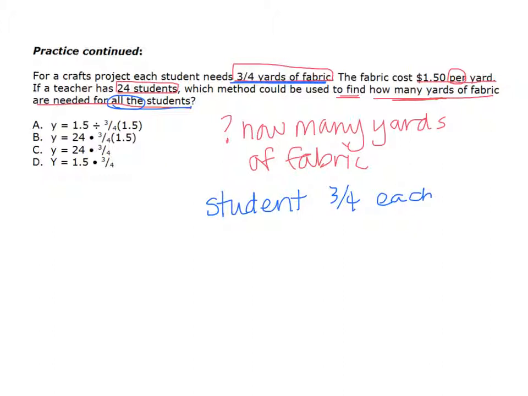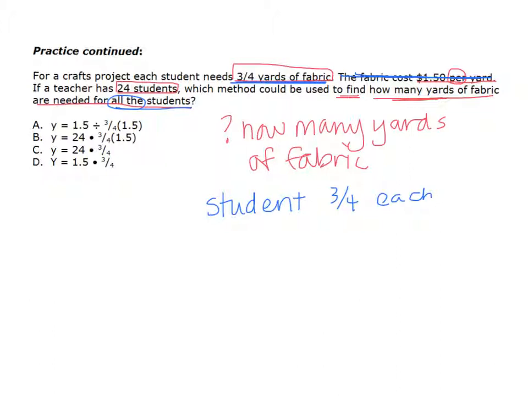The fabric costs $1.50 per yard. Does anywhere in my question it asks me how much does the teacher spend, or how much will the teacher need, or if she paid with a 20, how much would she get back? It doesn't in this case, and so that is extra information, so I don't need what I circled there. I can cross it out. So I do not need the cost on that, and the only way I'm going to know that is if I carefully read my problem.